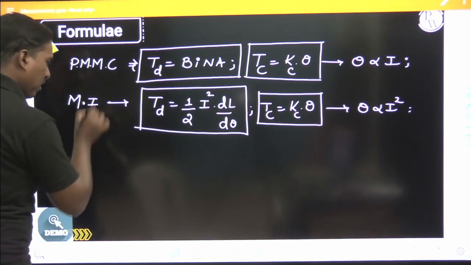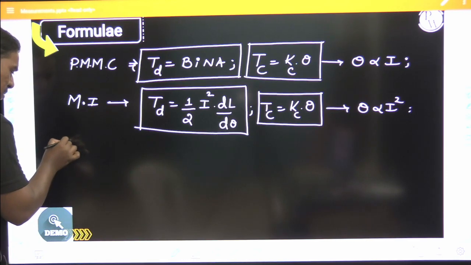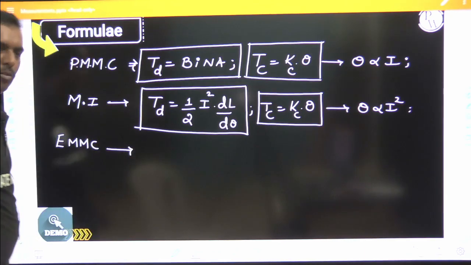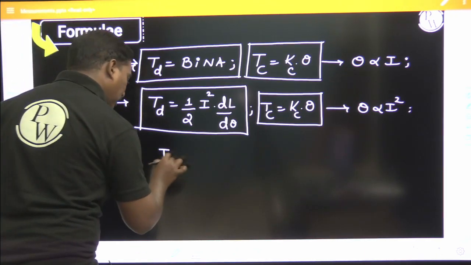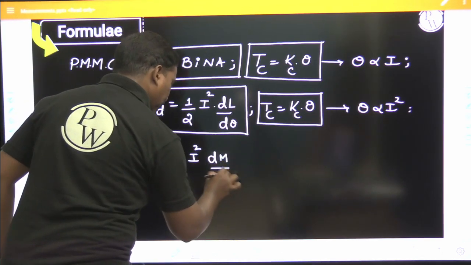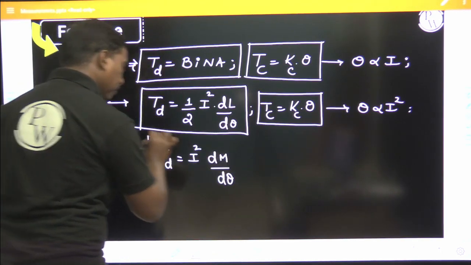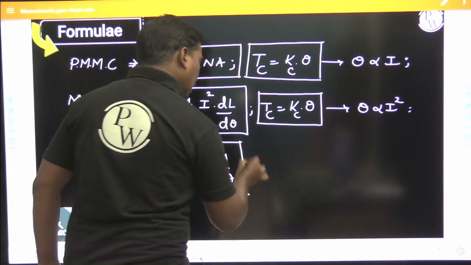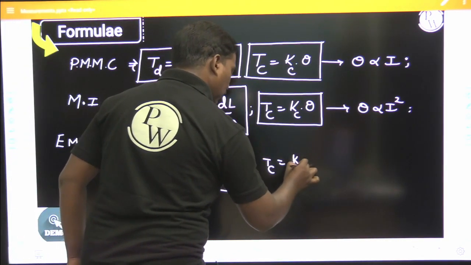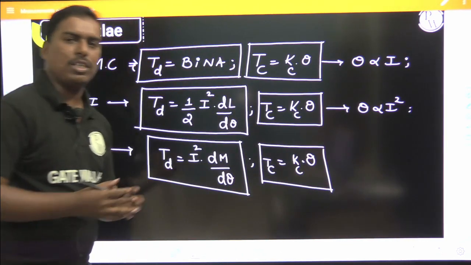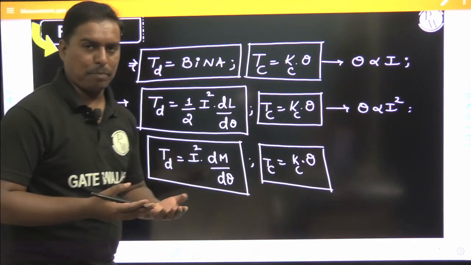Next comes one more instrument, that is what we call EMMC. The EMMC is also called dynamometer, and the deflection torque for this is given by I square into dM by d theta, and the controlling torque is equal to Kc into theta. Controlling torque for each and every measuring instrument almost remains the same.